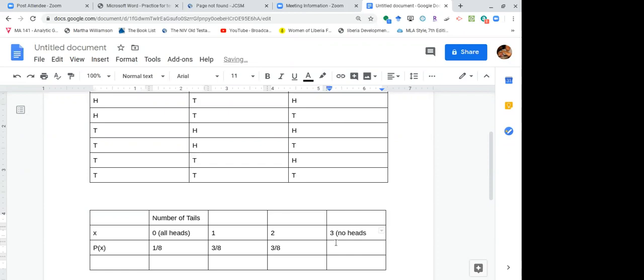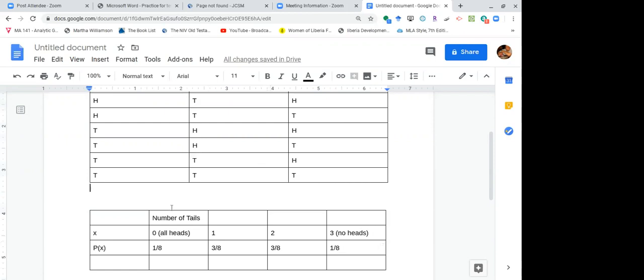So this means no heads. So this is that last line. So that's 1 out of 8. And if you look, 1 out of 8 plus 3 out of 8, that's 4 out of 8. 4 out of 8 plus 3 out of 8, 7 out of 8, 8 out of 8, they equal 1.